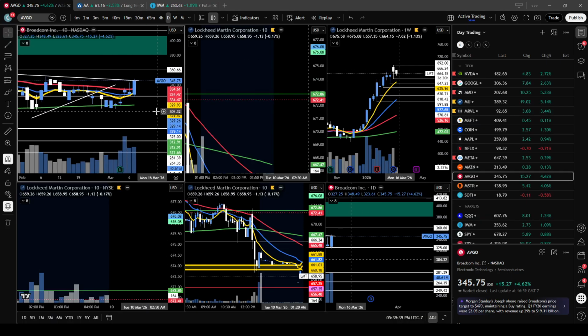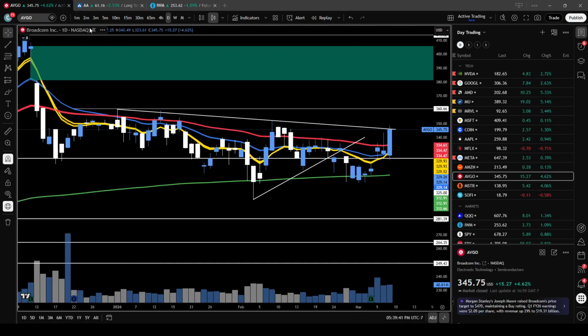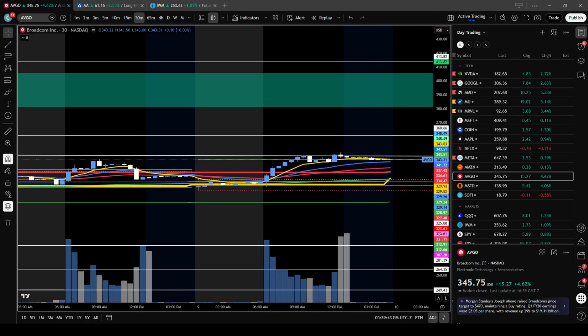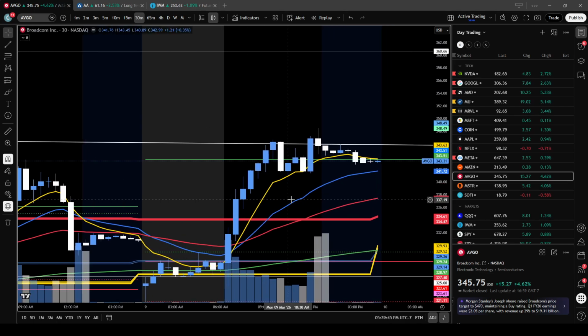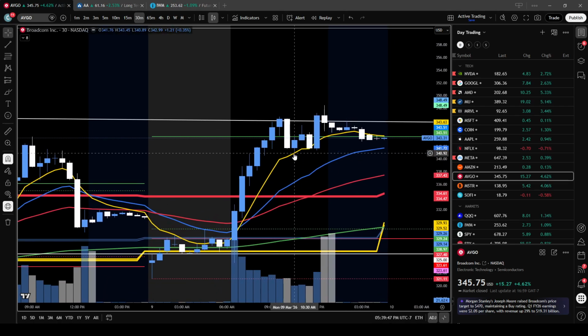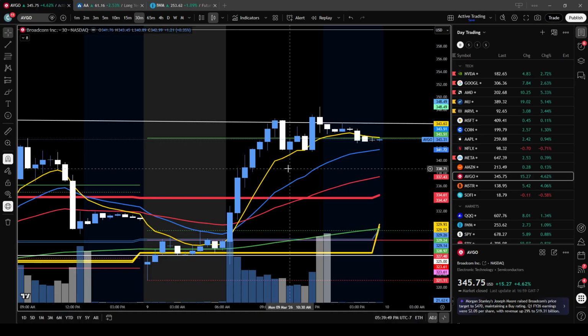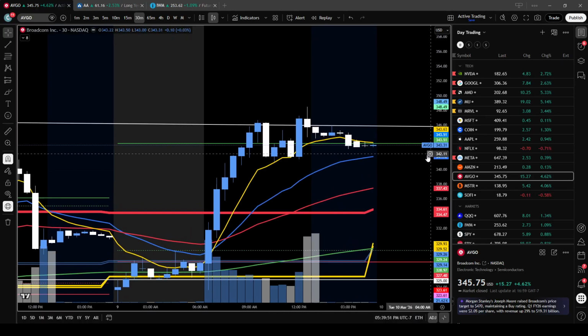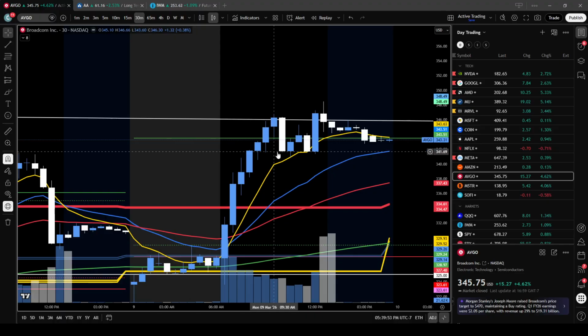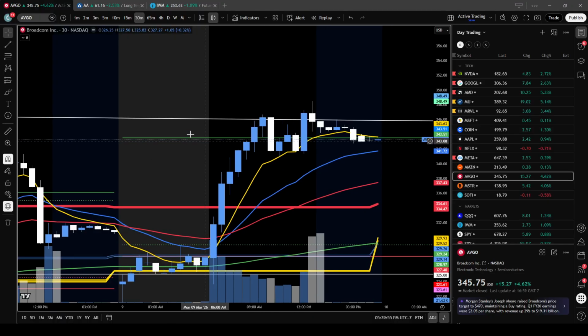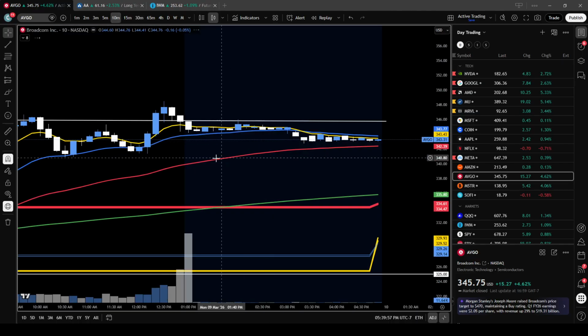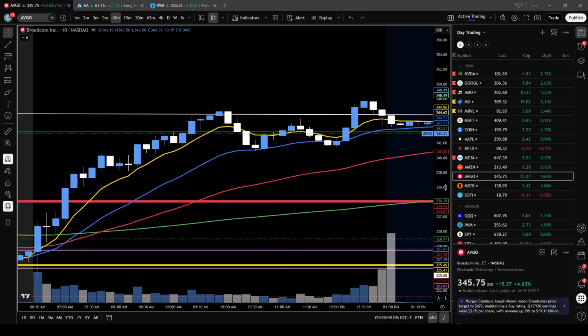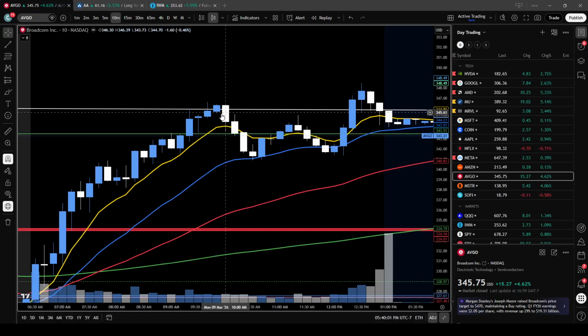So AVGO today. If you look at the 30, it makes this big move up, comes down, taps the 80 EMA. Normally this isn't a super good take because you get this bearish engulfing candle, but buyers come up off the 80 EMA. And if you look at a 10-minute, price is pretty clean. Clean candles, not a lot of wicks.